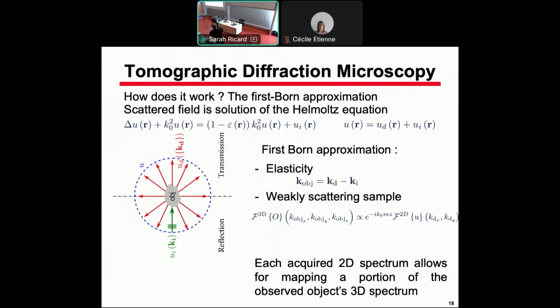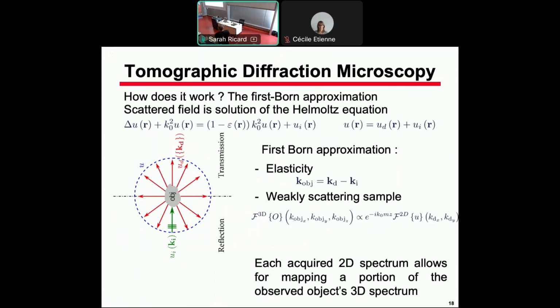So when you have an object, you illuminate it, it sends waves everywhere, so wave vectors everywhere in space, and it describes a sphere. What I measure on the CCD is a 2D field.